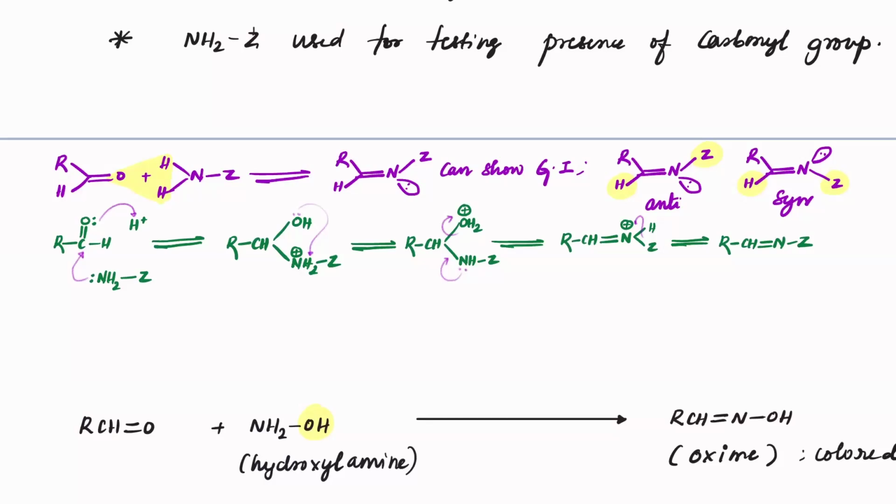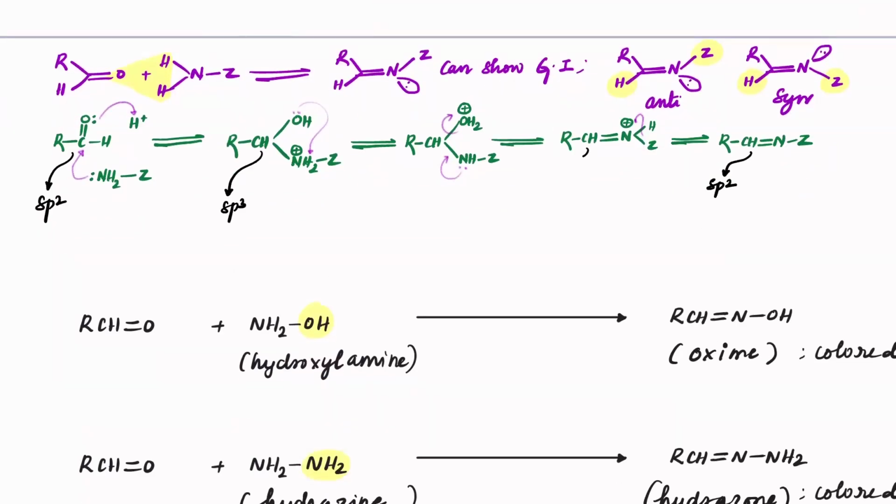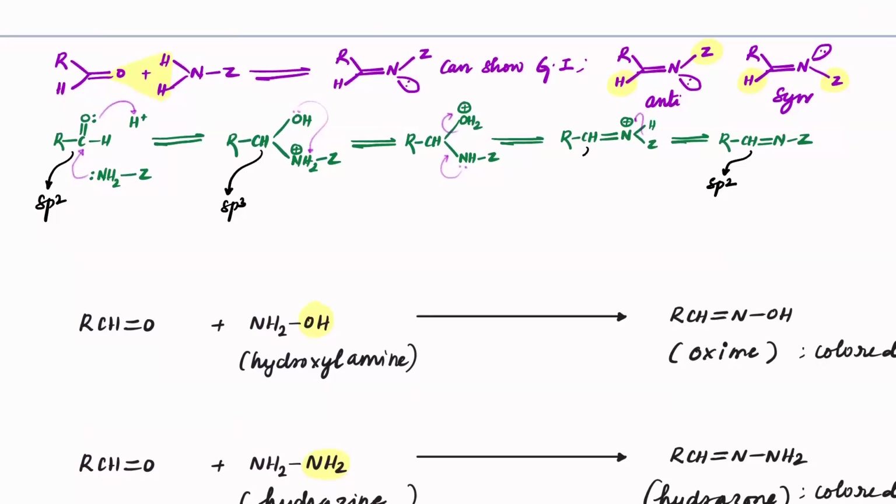What you noticed here is that this group is at sp2 hybridization. This group has now become sp3 hybridization. And again, this has finally become sp2 hybridization after the reaction. In such a mechanism, all we are doing is removing the double bond and bringing that nitrogen here.